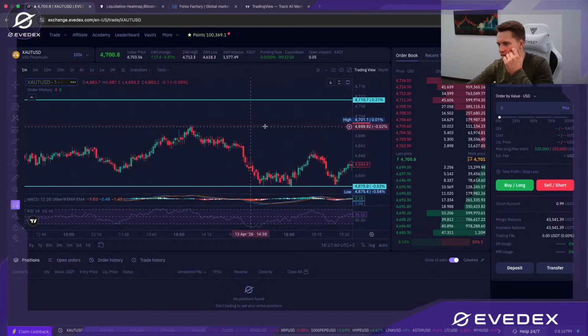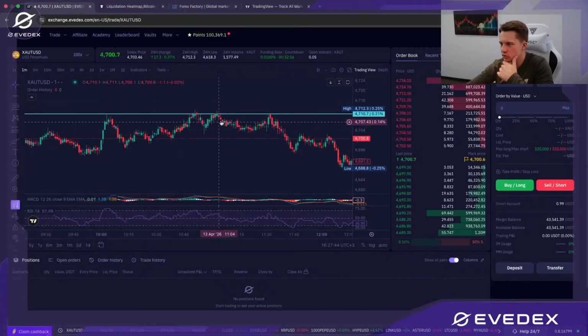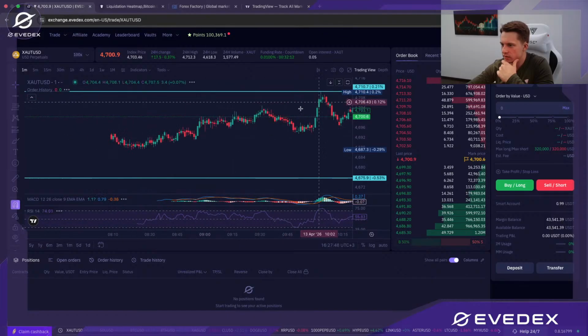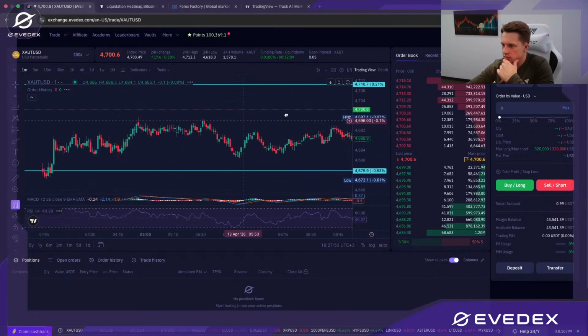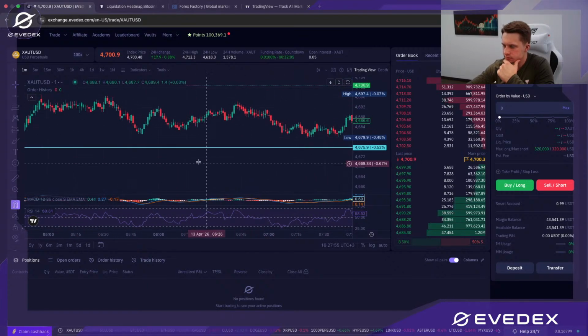You can see how the price kind of dances up and down against that level. I've had it touched many times here. Touch there, touch there as well. Not so strong for the support level. Seems to be a bit higher.